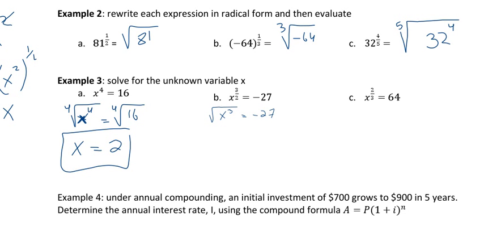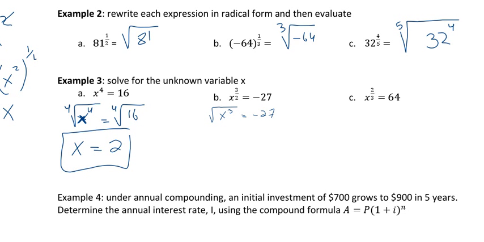Yes? Now, let's look at how can I eliminate the square root and the cube. Okay? What do I do to eliminate the square root? What's the opposite of square root? Square. Right? Opposite of square is square root. Opposite of square root is square.